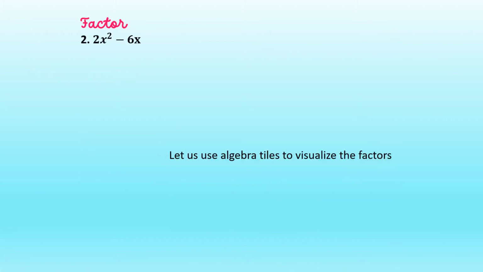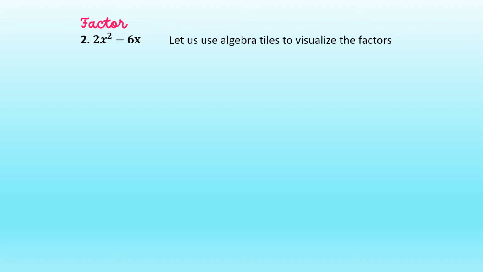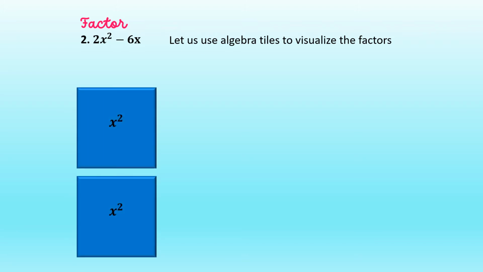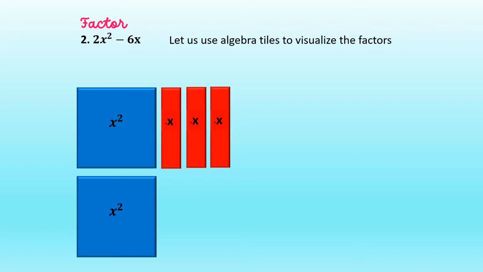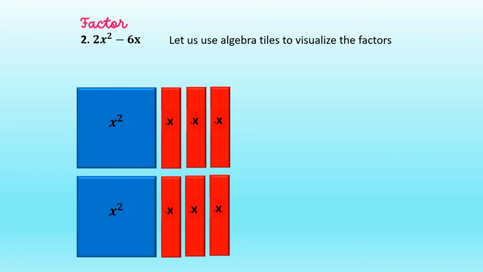Let us use algebra tiles to visualize the factors of 2x squared minus 6x. We have here 2 large square tiles to represent 2x squared and 6 red x tiles to represent negative 6x.